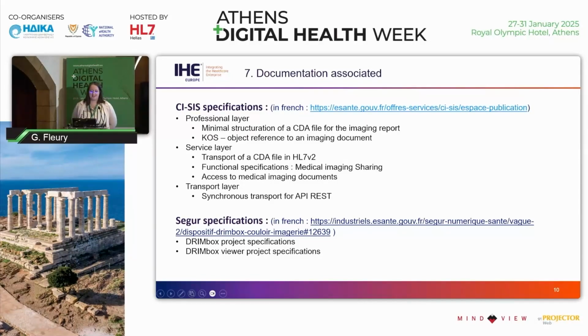And there is the Ségur specification. So that's entirely part of the Ségur program. The vendors, to get the funding that they can have by doing the gateway, the DRIM-Box, they have to follow the specific specification that we created on the DRIM-Box, so the gateway, and the viewer.